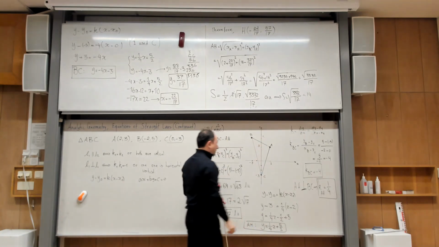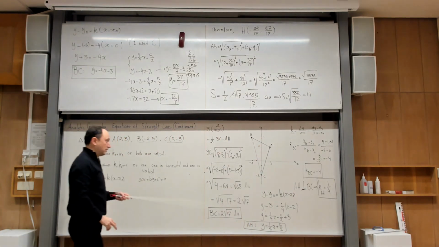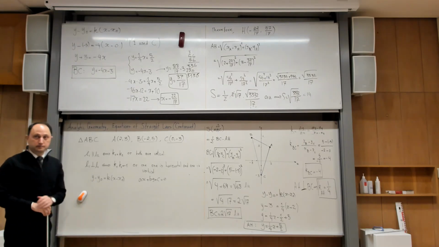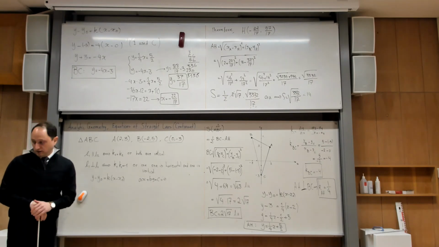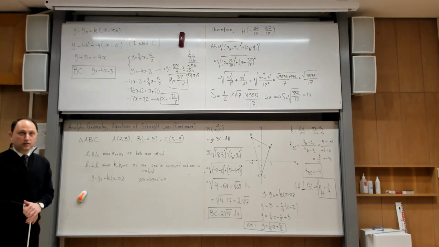Do you have another strategy to tell me how to calculate the area of this triangle? Or you don't need to be 100% correct or sure. You can just talk about your idea.